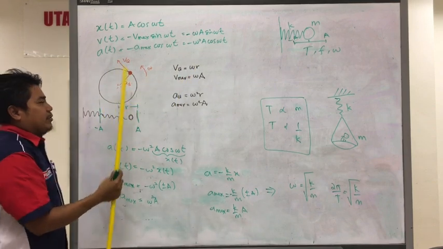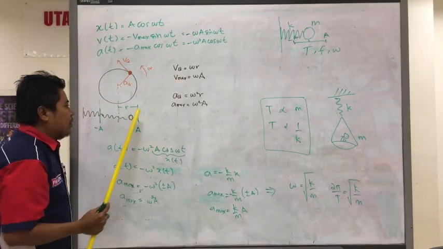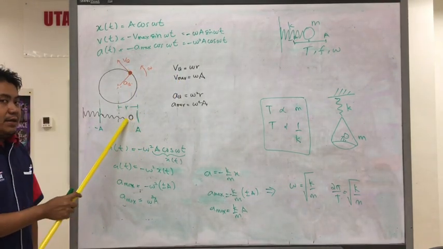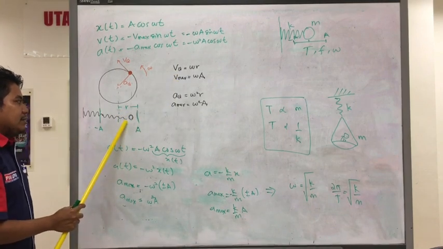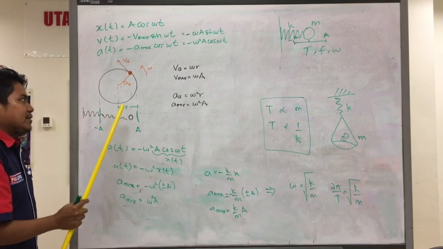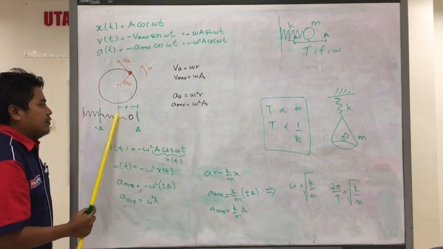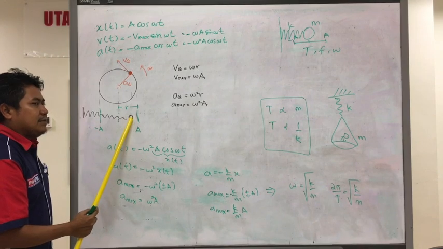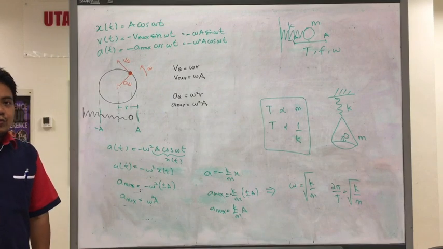And from the previous video, this v_Q is actually the maximum value of the simple harmonic oscillator's velocity. So v_Q and v_max are the same value. And omega is the angular frequency of this simple harmonic oscillator, and r is equal to A. Why is r equal to A?